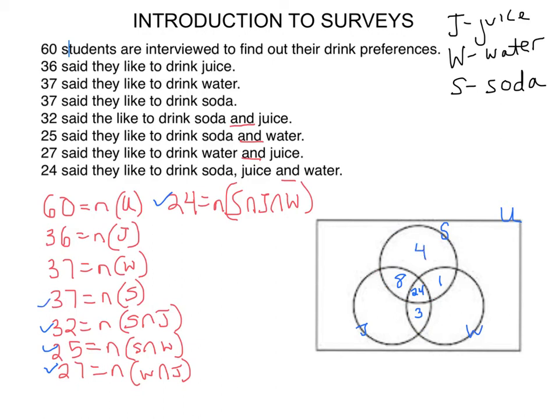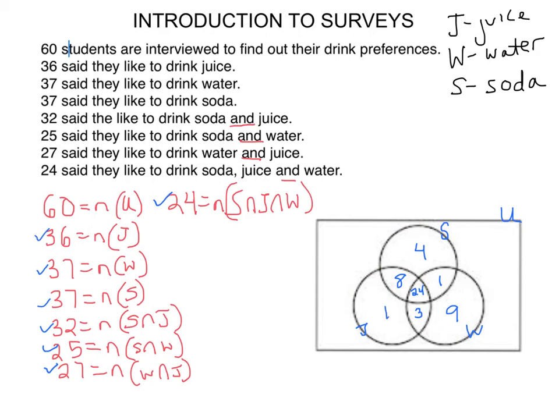Similarly, for W, we're looking at the entire circle, and we already have 24 plus 1 plus 3, which is 28 elements taken care of. So if W has 37, that leaves me with 9 elements here. And last, we're going to take a look at J. J has 36 elements altogether, but I see that we have 8 plus 3 plus 24, which is 35 elements. That leaves me with just 1 in this region.